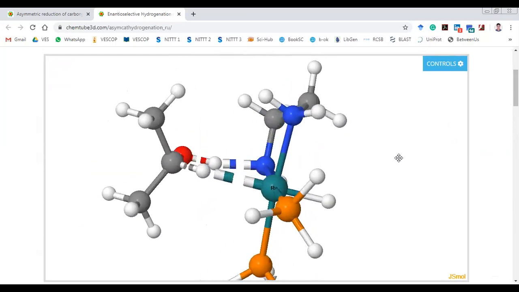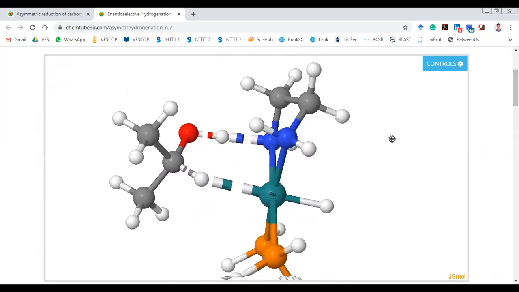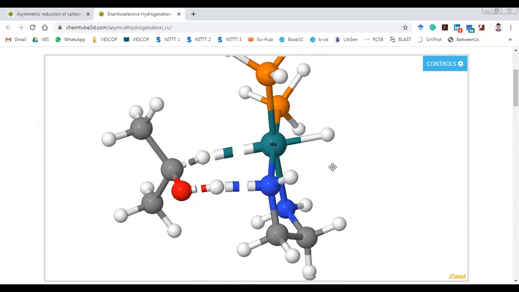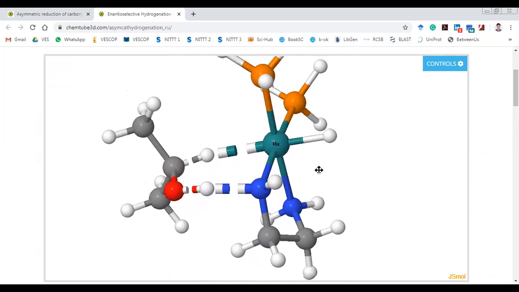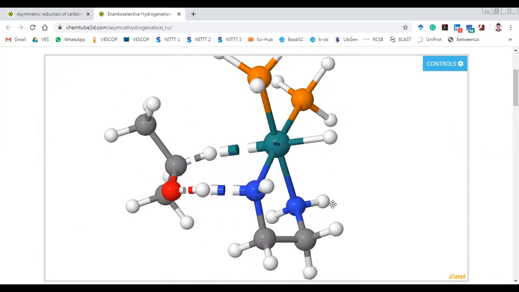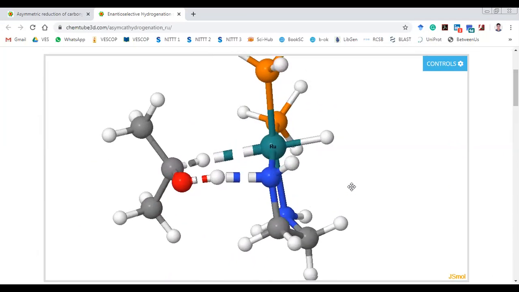So this is how it would look. Now, in the example shown on this slide, the coordination was with the mesitylene group here, and this is your chiral ligand here. So the smaller alkyl group would be oriented towards this, and the larger group would be oriented towards this.